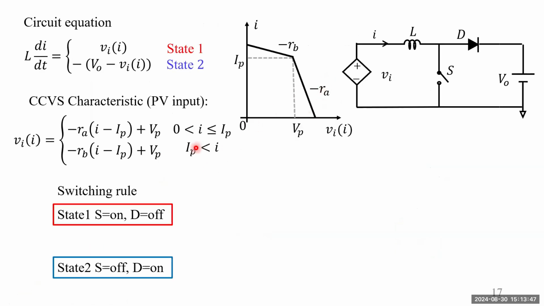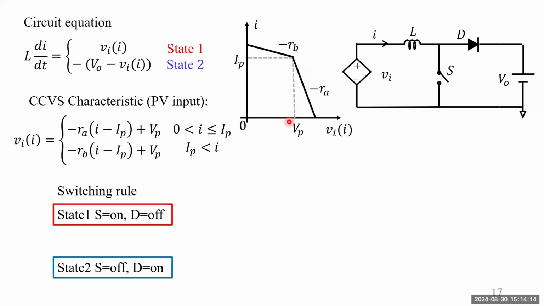Then we explain the dynamics. This is a simplified circuit model. It includes switch S and diode D. We assume that S and D are in either state 1 or state 2. In state 1, the switch is on and the diode is off. And in state 2, the switch is off and the diode is on.